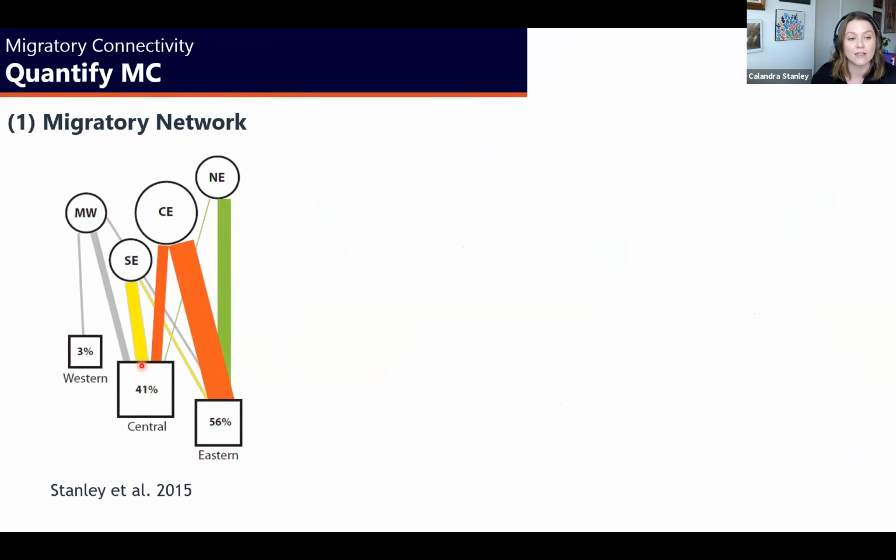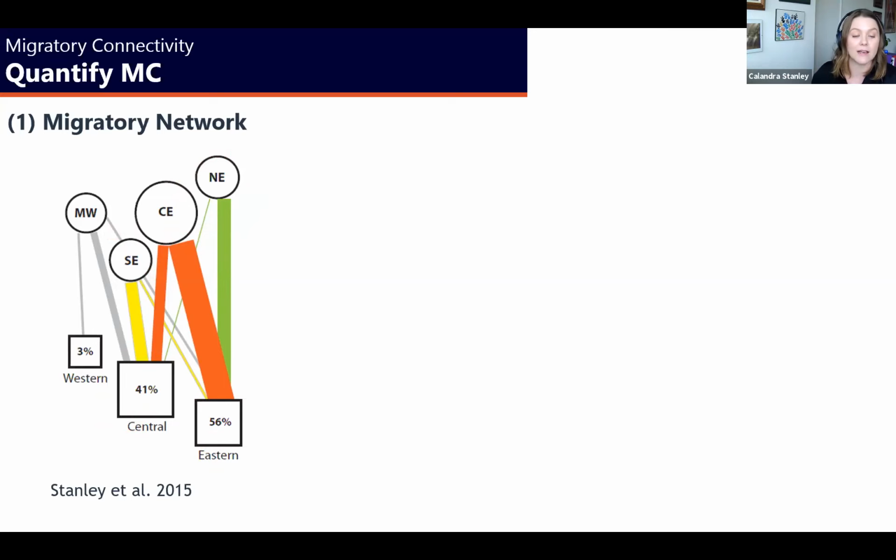What we found is that the network estimated that 56% of the global wood thrush population wintered in the eastern range of the wintering area. These birds were mostly coming from the northeastern part of the wood thrush range, whereas 41% of the global population was wintering in the central part of the winter range, and these individuals were coming from central, southeastern and midwestern populations.